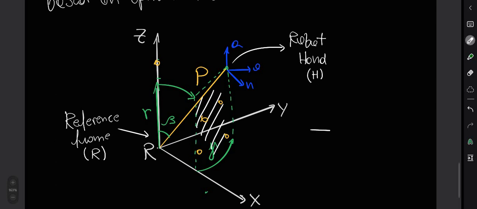It is a transformation of the frame H in relation to the frame R, because this frame turns into a reference for this frame, and I have already explained this to you. Because of this, we can write transformations using another segment of the robot as a reference, and we call this reference to write a transformation.